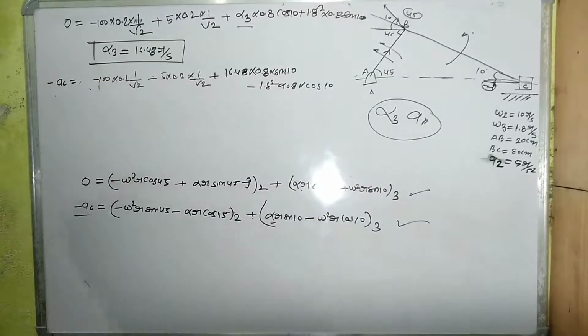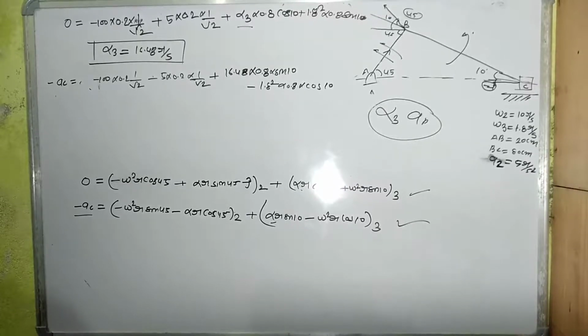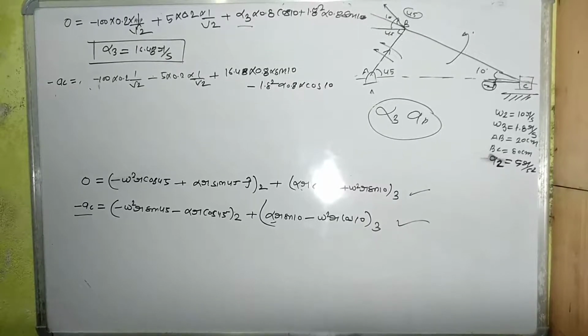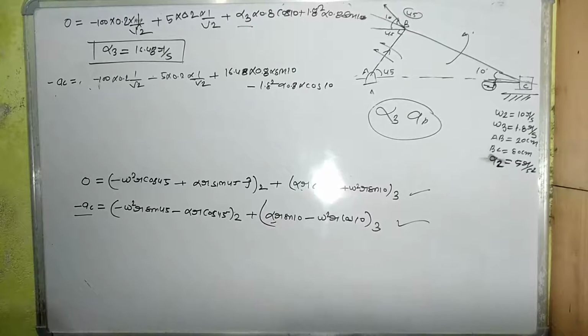Now can you solve it? Yeah, of course you can solve it. So let me solve it. Minus 100 into 0.2 divided by under root 2 minus 5 into 0.2 divided by under root of 2 plus 16.48 into 0.8 into sine 10 minus 1.8 square into 0.8 into cos 10.